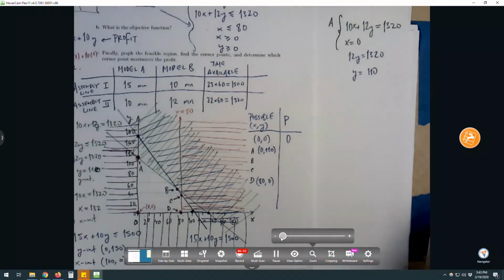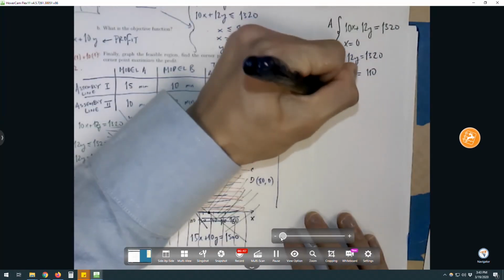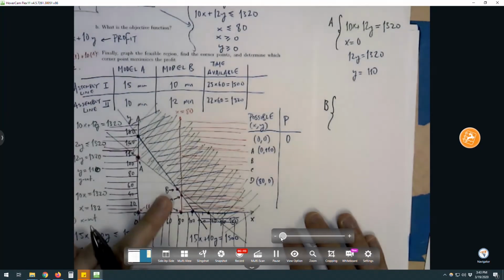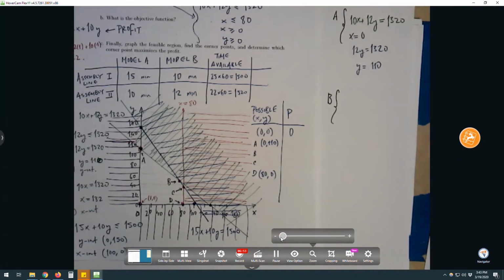If you have colors, I'm sure you all have a lot of good things at hand here. Colors will help you sort of separate which lines are which. If not, what you have to do is just make sure you draw the picture very well, okay? And then technology also helps too. So I'll show you how you can do this on technology later on.